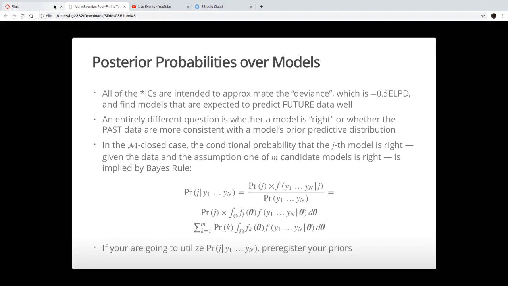Where Pearson, Egon Pearson, and Jerzy Neyman differed was this idea of, okay, we're going to estimate two models, one of which, model 1, asserts this coefficient is 0. Model 2 asserts this coefficient is 0.5.